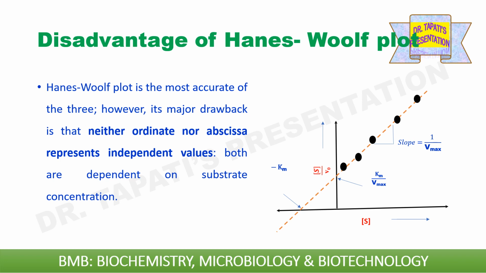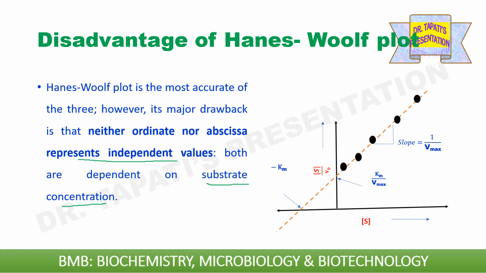Let's know the disadvantage of the Hanes-Woolf plot. The Hanes-Woolf plot is the most accurate of the three linear plots. However, its major drawback is that neither ordinate nor abscissa represents independent values. Both are dependent on substrate concentration. So this is the disadvantage of the Hanes-Woolf plot.